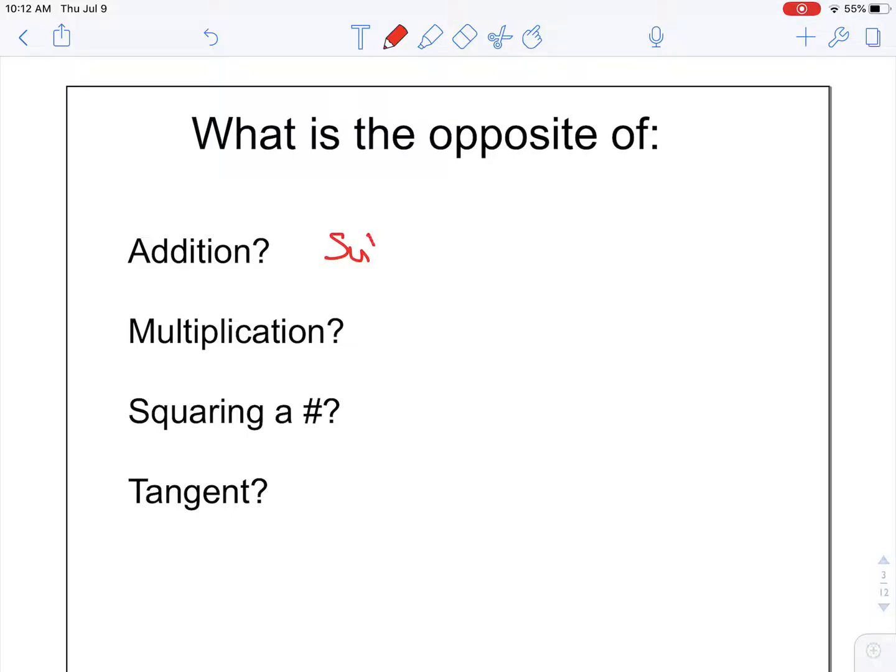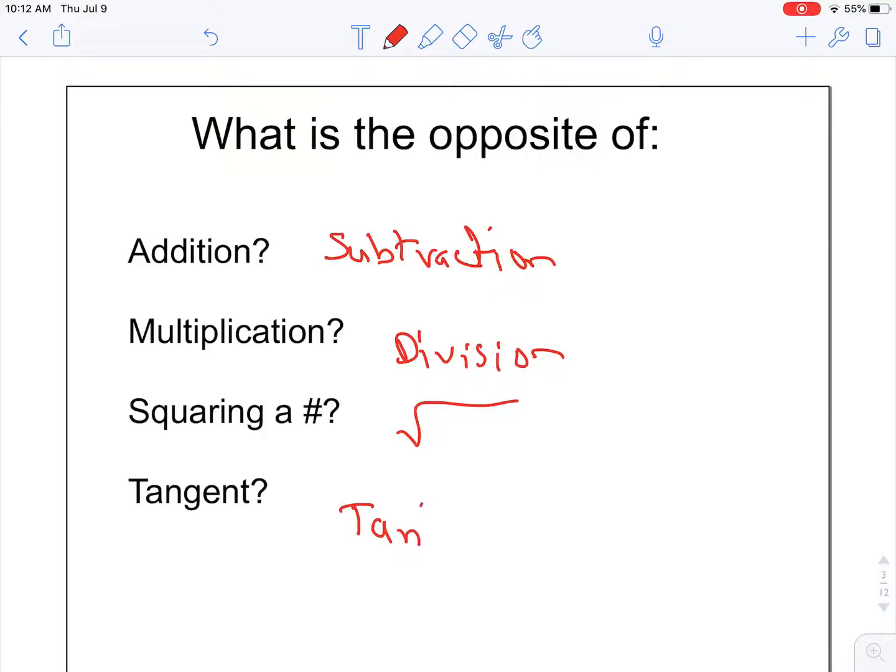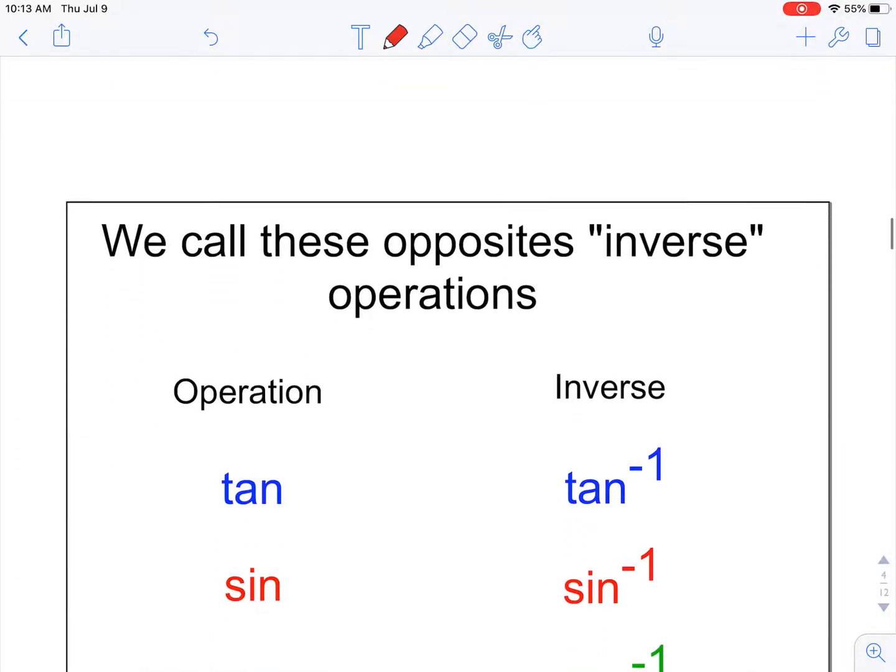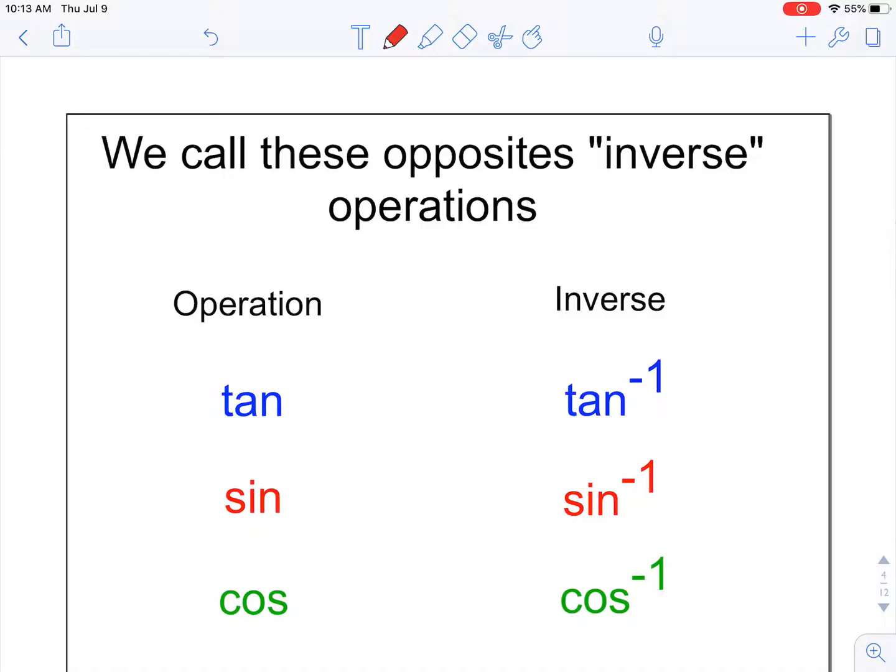So if you think about what's the opposite of addition, subtraction. What's the opposite of multiplication? Division. What about the opposite of squaring a number? Square root. And the opposite of taking the tangent is taking inverse tangent. That's called inverse tangent, not tan to the -1.